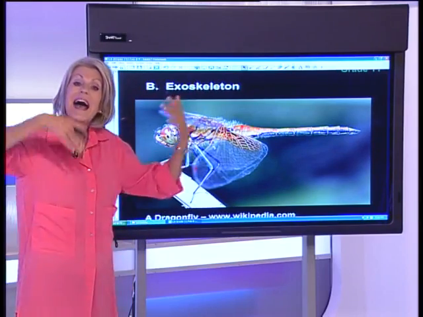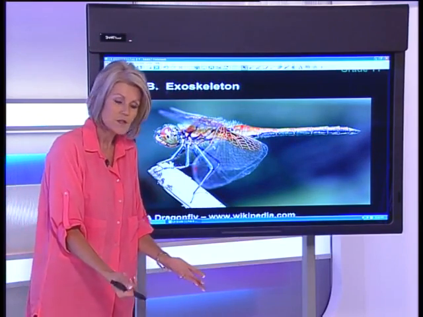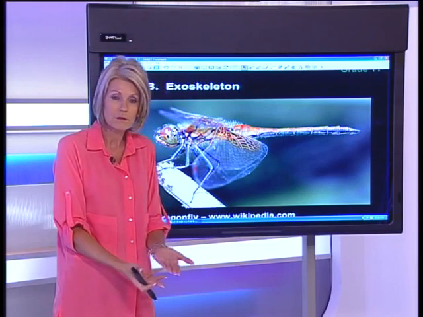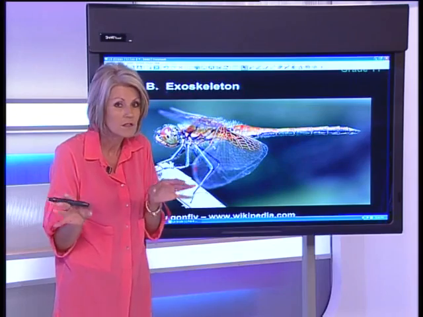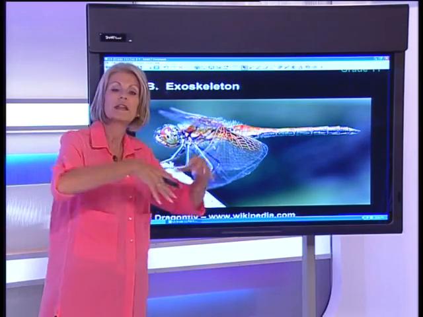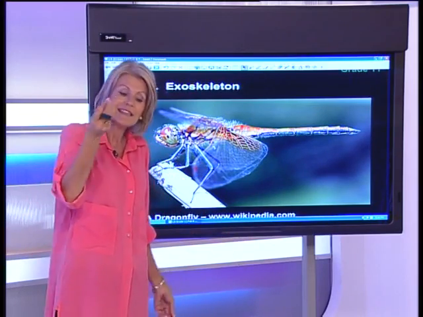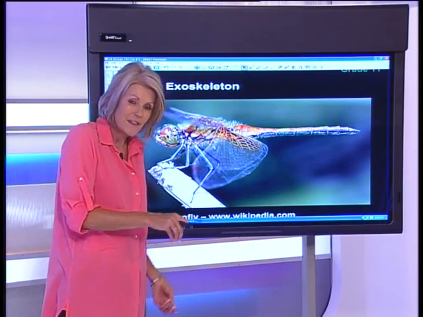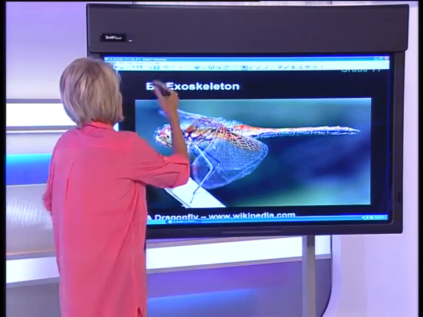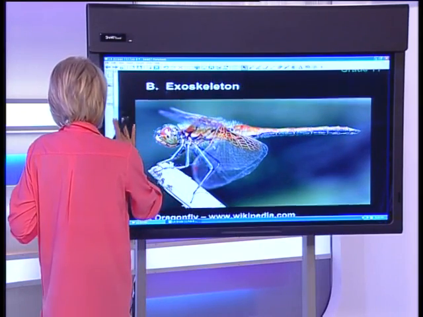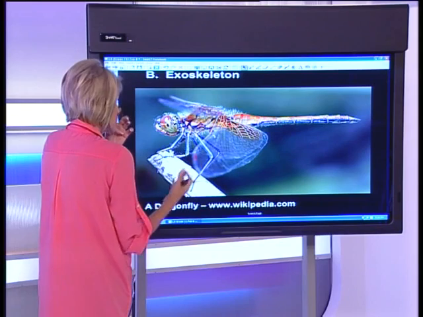Exo means outside. Okay, so if it's exo, and it's not Gossip Girl, all right, it's not that. It's exo meaning on the outside, and if it is inside, then it is endo. That's inside. All right, so exoskeleton, here is an example, would be an insect.